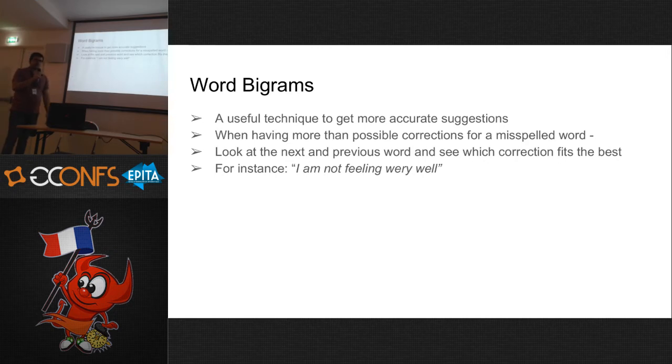This is an example: if I have a sentence like "I'm not feeling very well", and I misspelled "very" as W-E-R-Y, I'll have corrections such as "weary", W-E-A-R-Y, which is also a valid word, and "very", V-E-R-Y. Both are possible corrections. But if I compare bigrams, then "very well" is much more likely than "weary well".